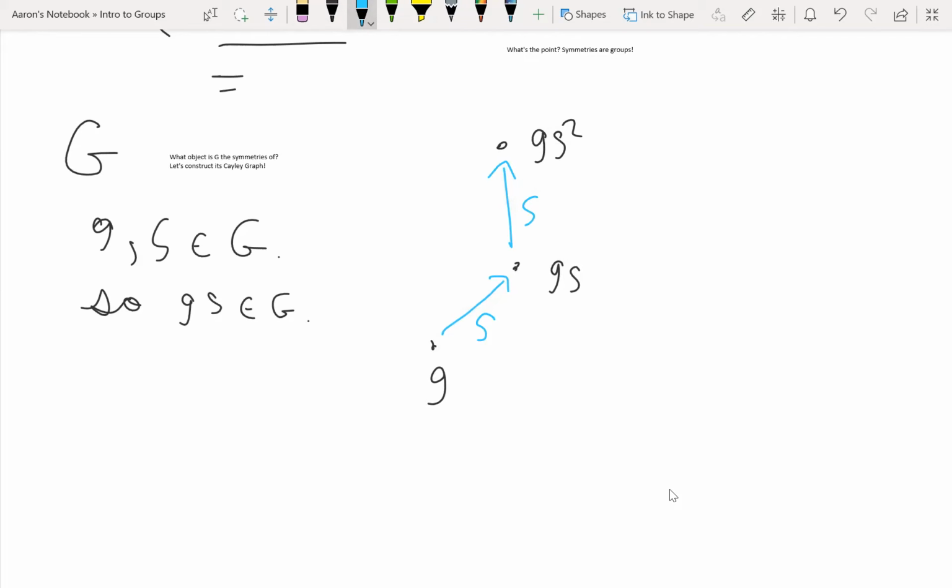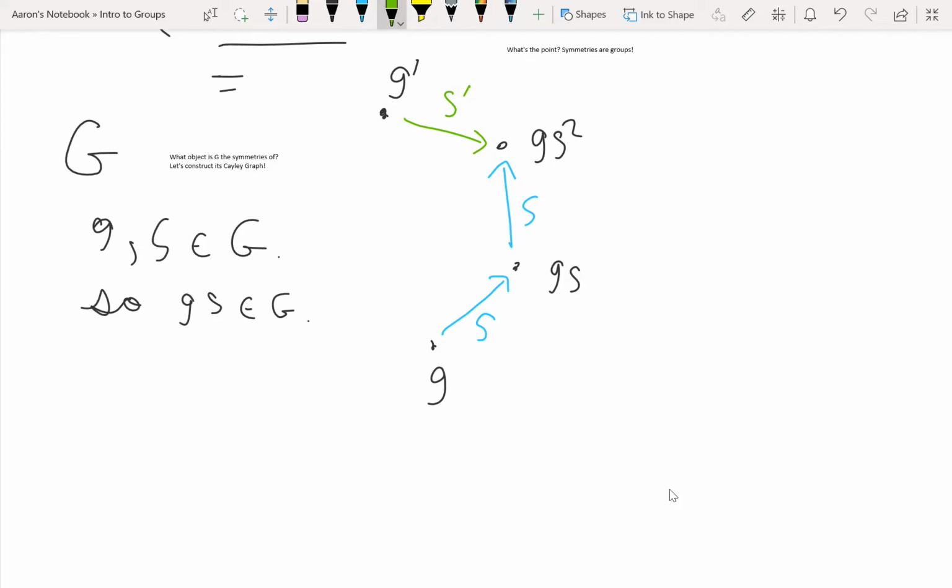But maybe over here, there's some other node, g prime, and maybe it goes to gf squared, but it goes by some element, f prime.